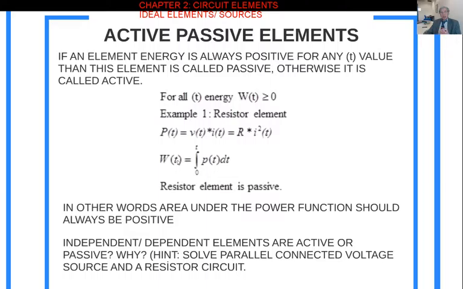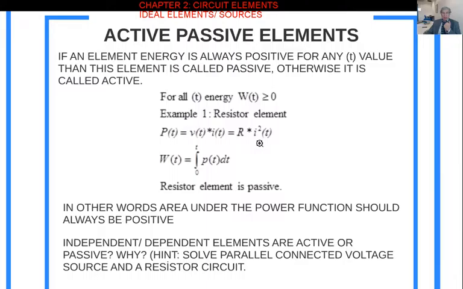Now we could give an example of a passive element. A resistor is a passive element because the resistor's power is going to be voltage times current. If you write the definition relation of this element, you end up with p = R i squared.